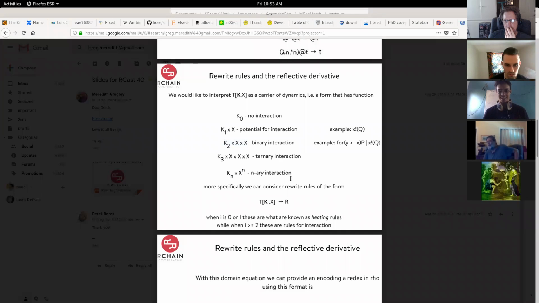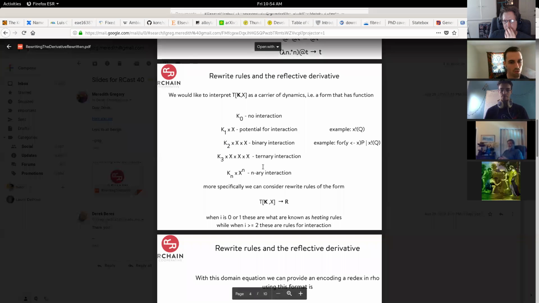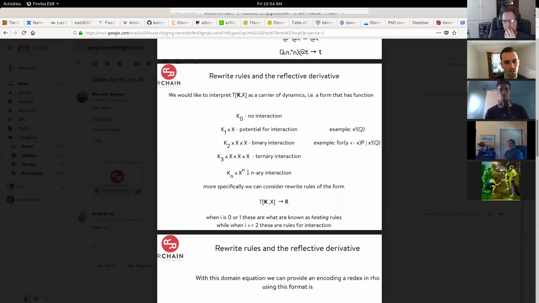It's just the notation for cross products, which are like pars. So it's just saying that term has that many par processes. Yes, exactly. And he's even calling it an n-ary term or interaction here.